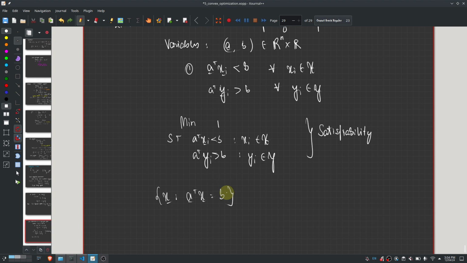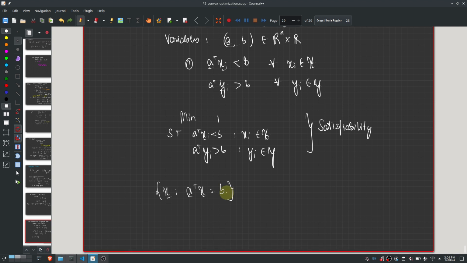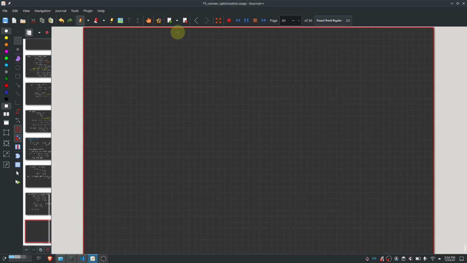Okay, so I'll pose this in a slightly different way. I'll say that my problem is to minimize. Again, my variables are a and b.